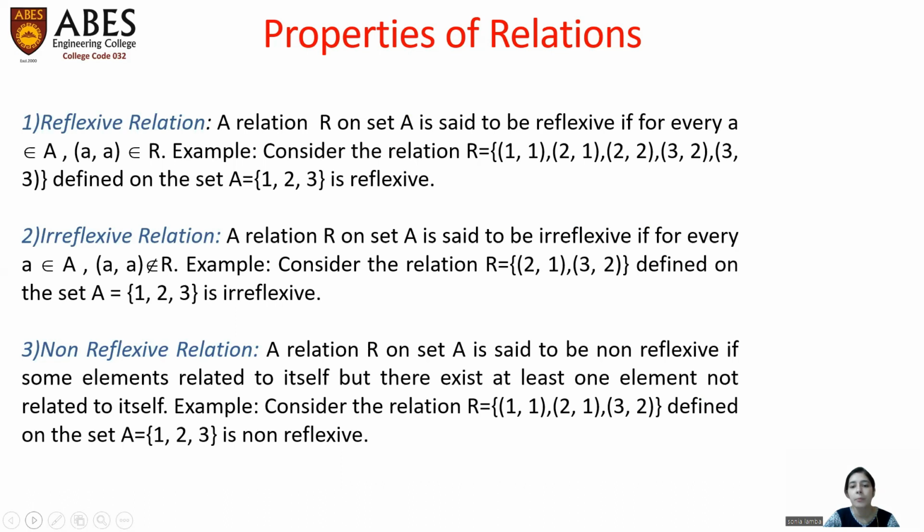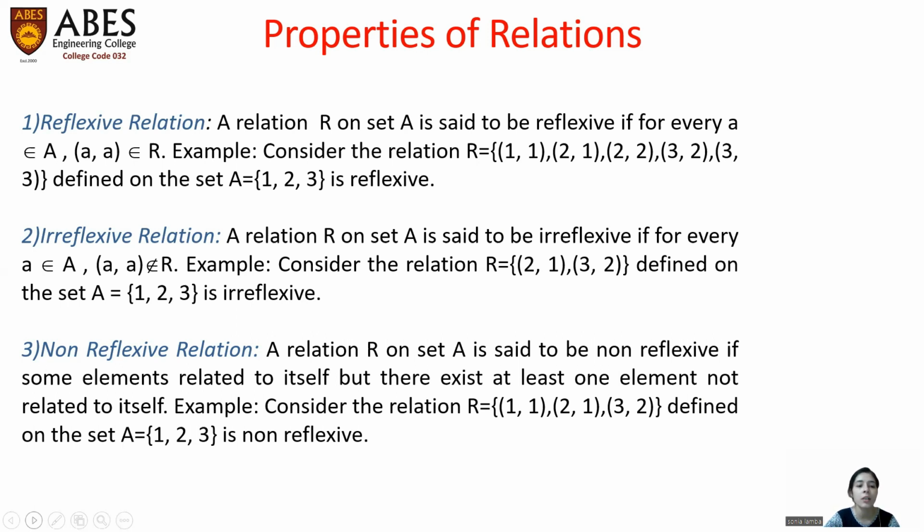For example, let R be the relation having the two ordered pairs (2,1) and (3,2), defined on the set A having the three elements 1, 2, 3. Now we can say that this relation R is irreflexive because no ordered pair of the type (a, a) belongs to the relation R.